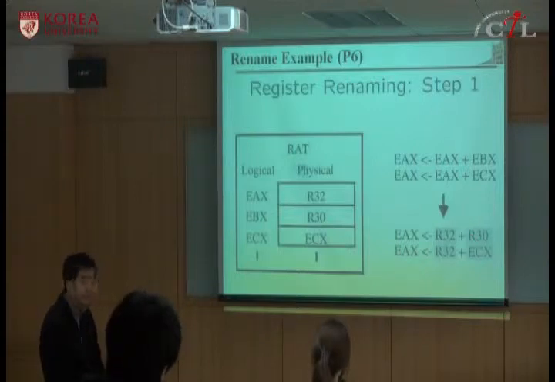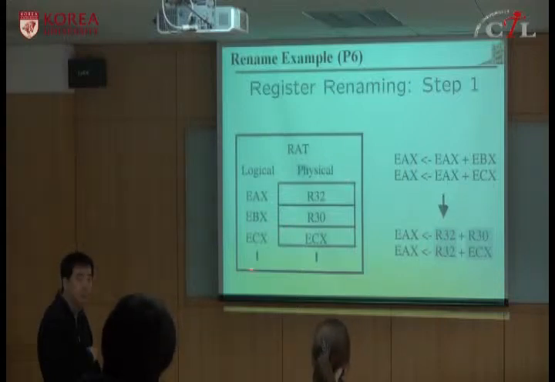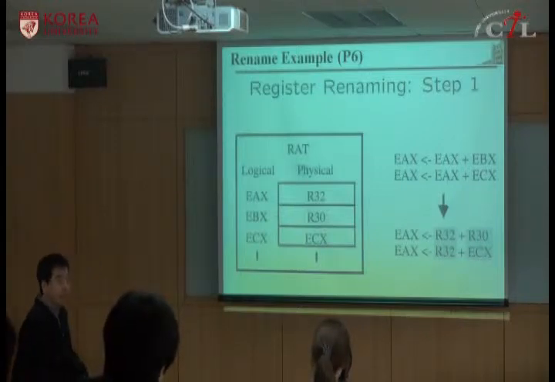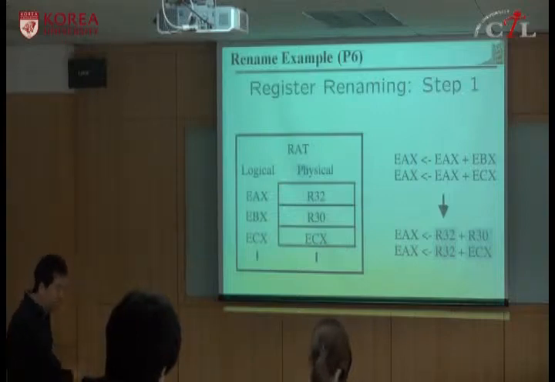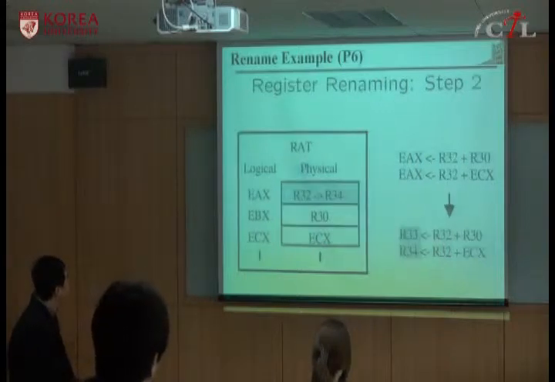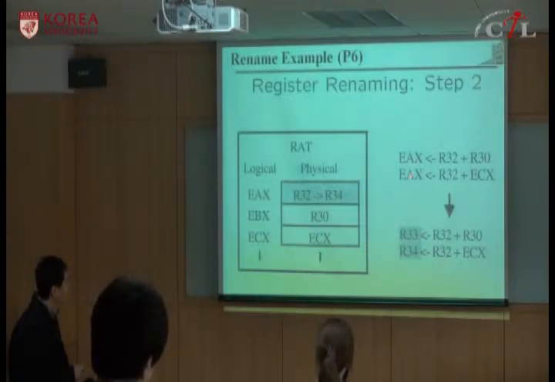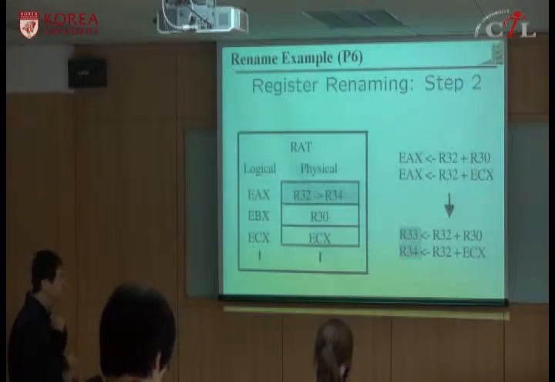Okay? So there are physical registers, and there is also the retired register file, which is the same as the logical registers. This is more of an intermediate step for computation. So you change the source by looking up the map table, and then you need to allocate a new destination for each write.